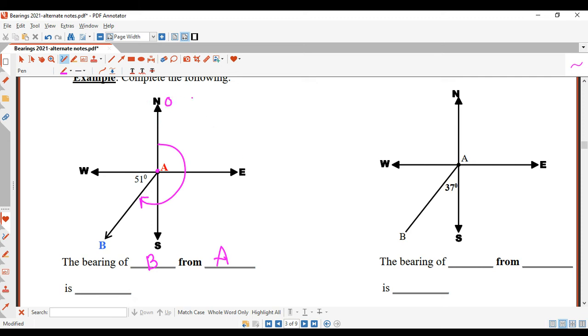We know this is 0 degrees, east is 90 degrees, south is 180 degrees, west is 270 degrees. Now, it's between 180 and 270. We know that this angle here in total is 90. 90 take away 51 is 39. So this angle here is 39. Up to here is 180, plus another 39 will be 219.